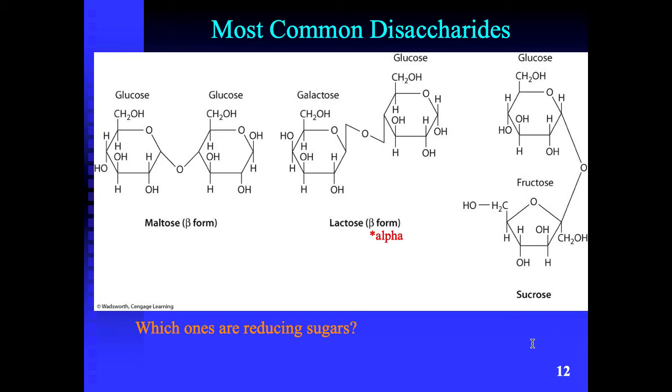It could be alpha 1 to 4, glucose, glucose, beta form, or alpha 1 to 4, glucose, glucose, alpha form. Everything's the same except this is flipped. Both of those are maltose. Glycosidic bond the same. So maltose always has an alpha 1,4 glycosidic bond. Yes. Okay.